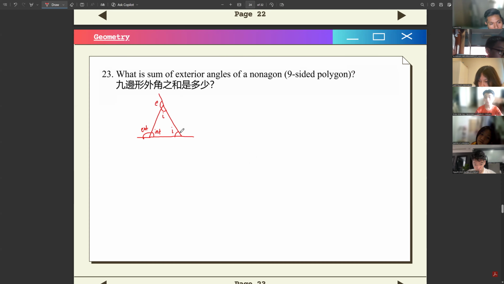This is interior. This is exterior. Now, in case you forgot, for any regular polygon, or even, it's not actually necessary that it is regular, for any convex, what do we mean by convex polygon?